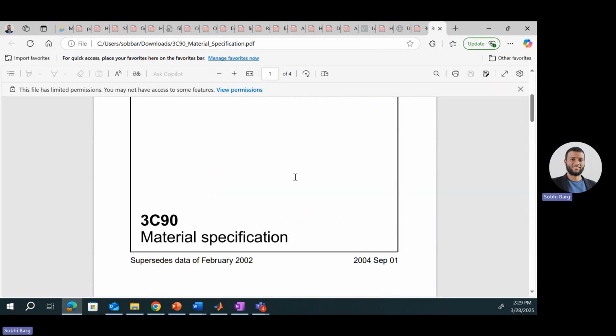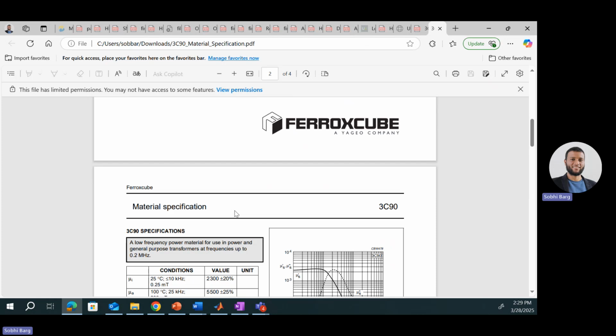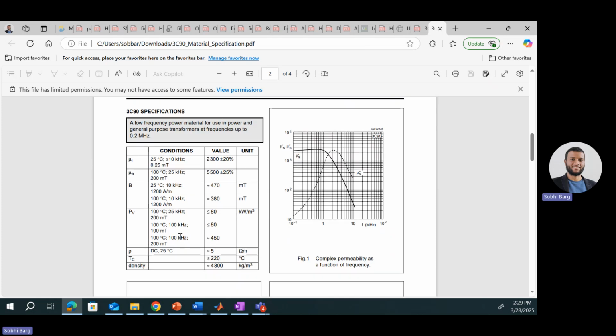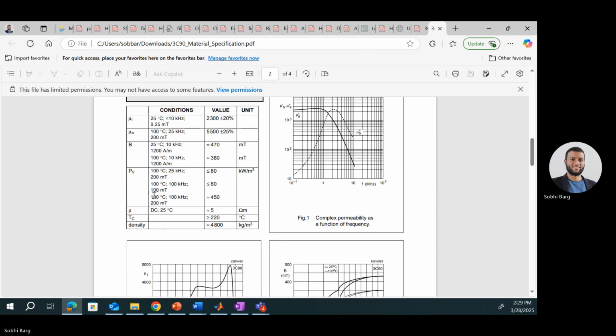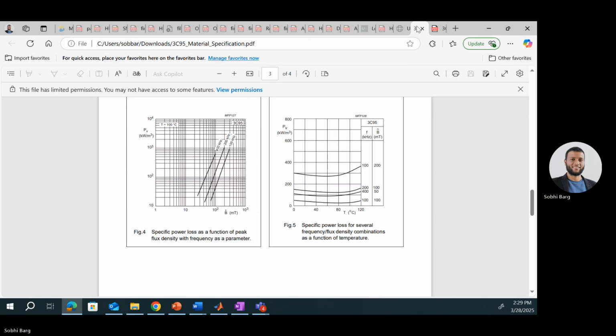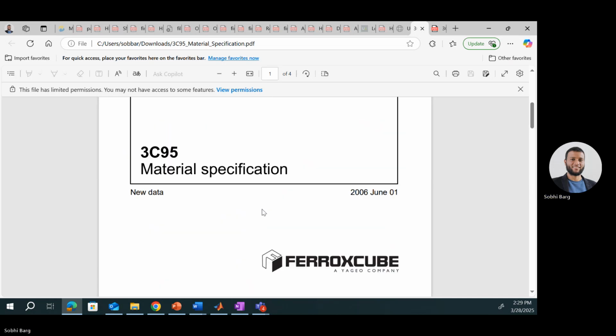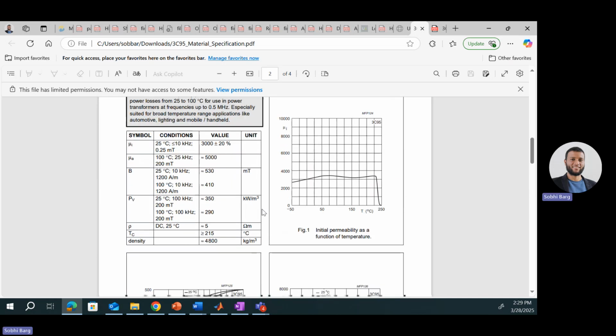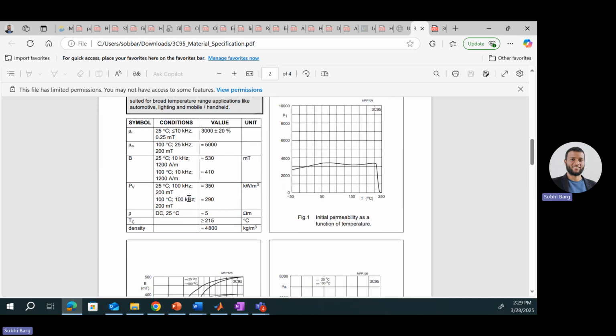So the first material, 3C90, we can read the data sheet. For example, for 100 degrees Celsius, 100 kilohertz, 200 millitesla, we have 450 kilowatt per cubic meter. And for 3C95, for the same test condition, we have 290.